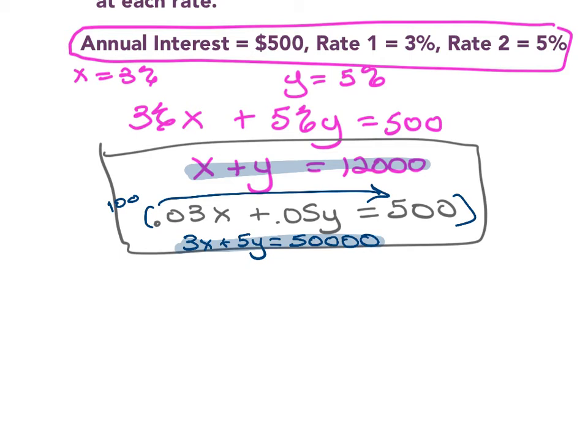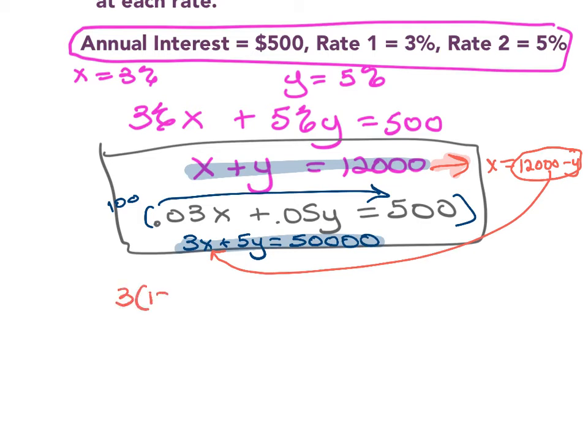So for substitution, what's going to be the easiest to solve for? Good, the top one. So let's just say I take that one, and I say that x equals 12,000 minus y. And I'm taking this and plugging it into this x. So 3 times 12,000 minus y plus 5y equals 50,000.